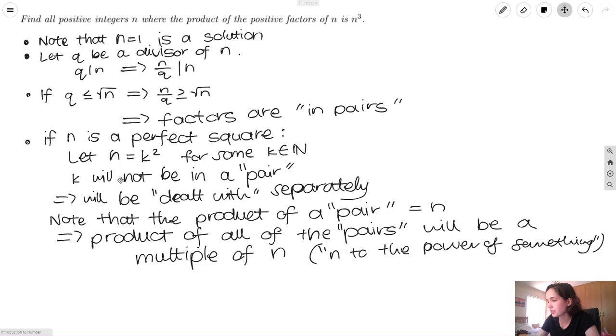However, the question states that the product of the positive factors of n is supposed to be n to the power of 3. So it's supposed to be n to the power of something.